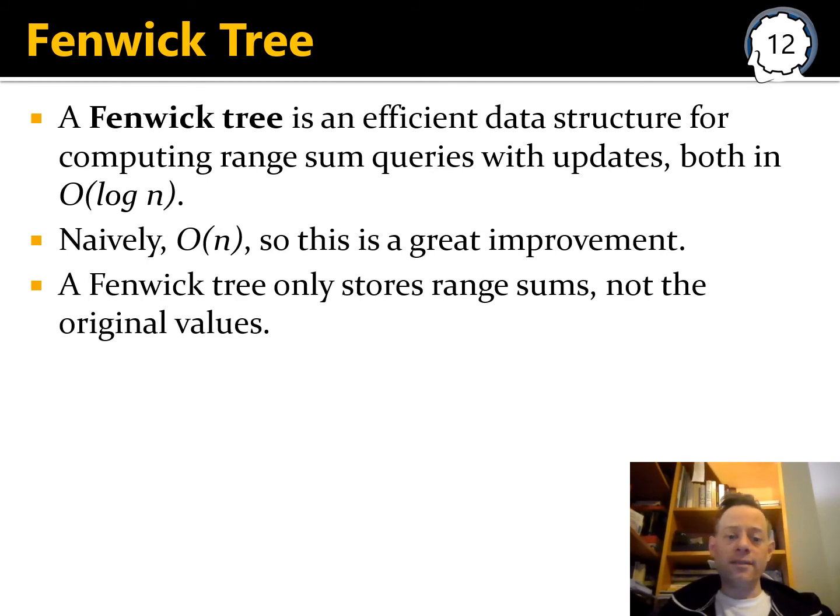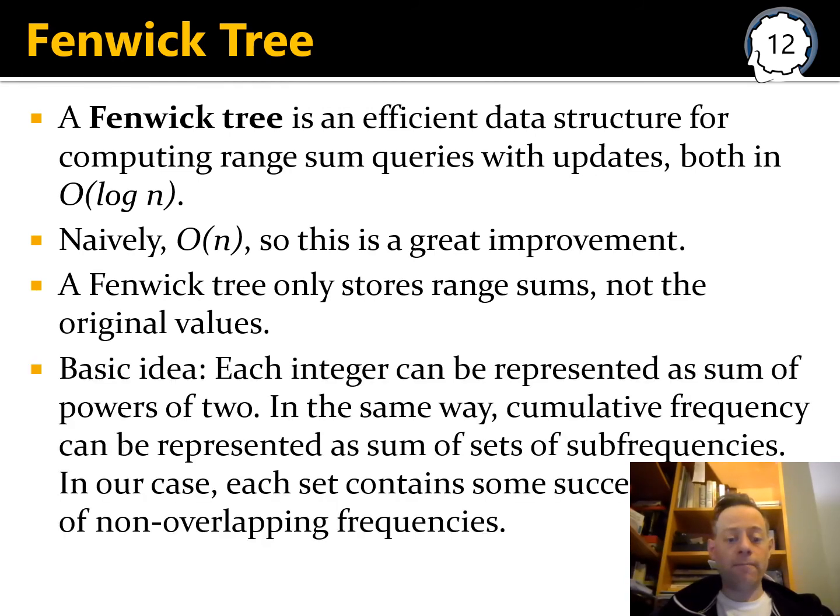So in this data structure, you only store the actual sums. So basically, you store the frequency up to a certain point, not the original values, but you can always regain these original values by taking the difference between, for example, the position I and I plus 1, and then you get the particular value there.